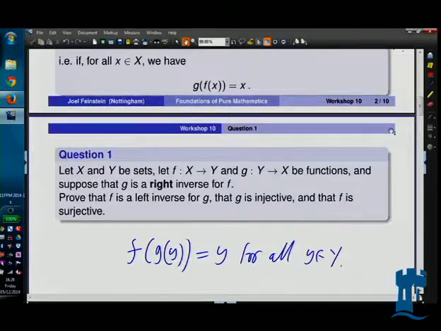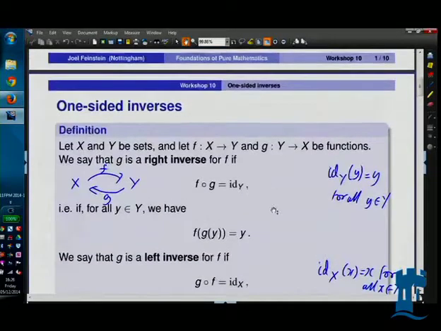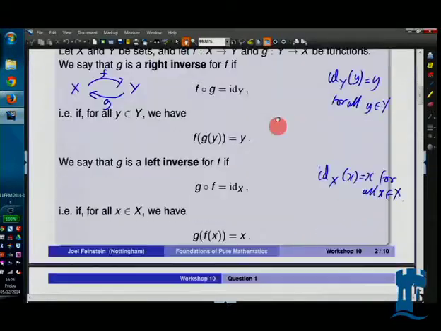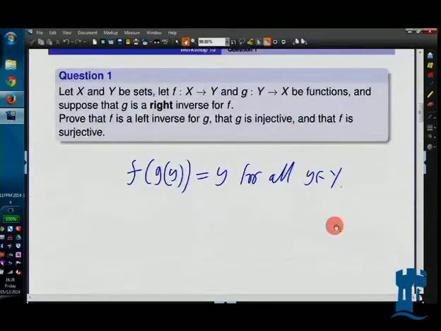Remember, g is a right inverse for f, so that's back here. g is a right inverse for f. That's f composed with g is the identity. If you put g to the right of f, you get the identity. That's f of g of y equals y for all y in Y. So that's what we had before. So we just substitute in the definition. That's always a good start. So that's by definition of right inverse.